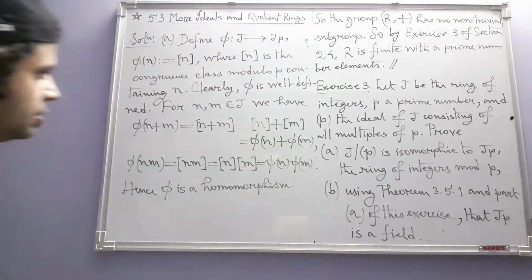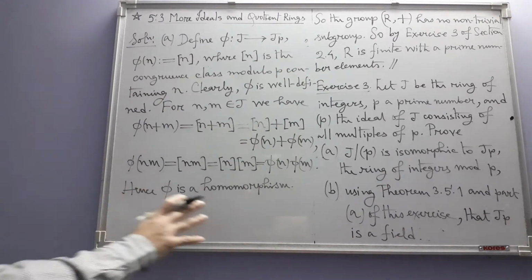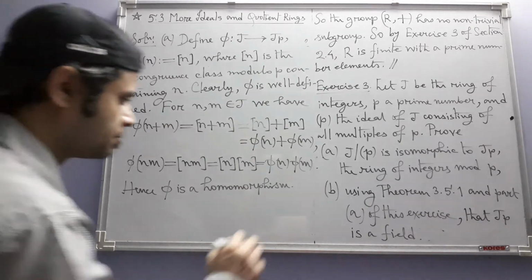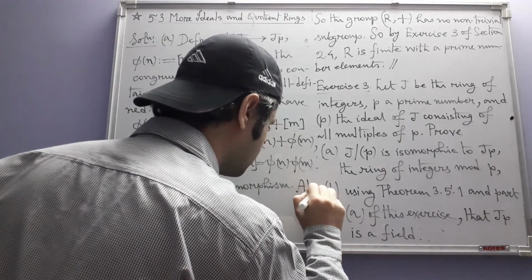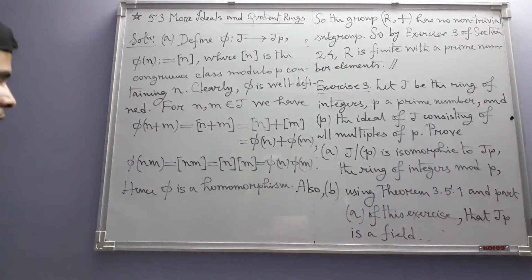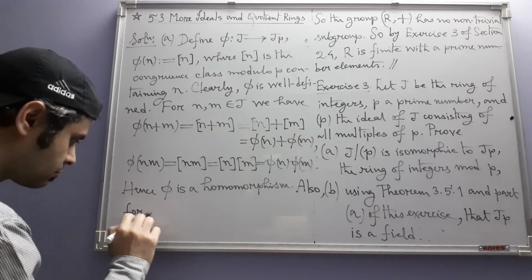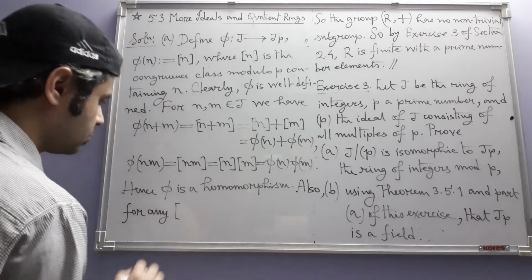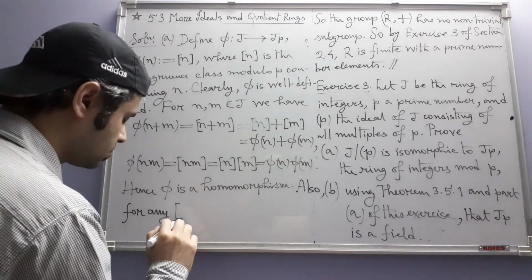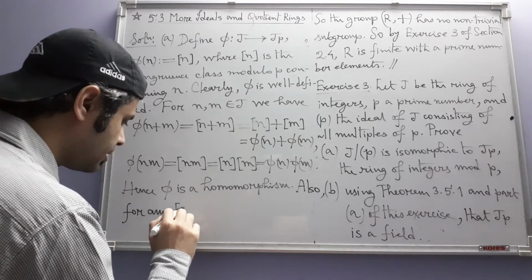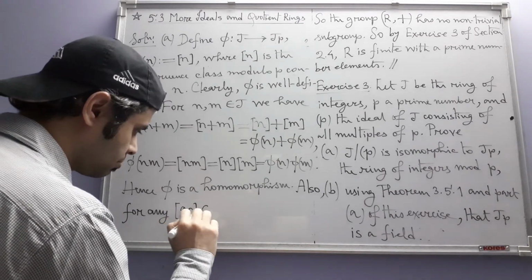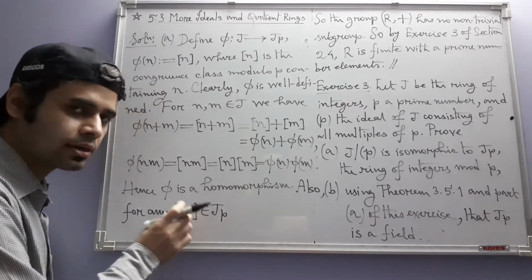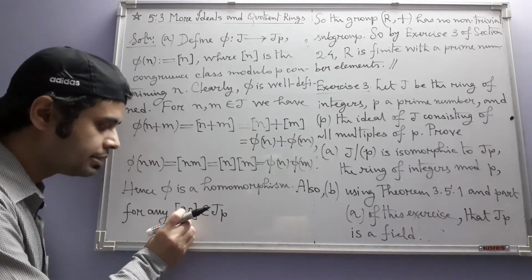Okay, now next we also note that this is clearly onto. Why? Also, for any, say, let us take q belonging to J_p. You understand that this is the congruence class modulo p containing the integer q.